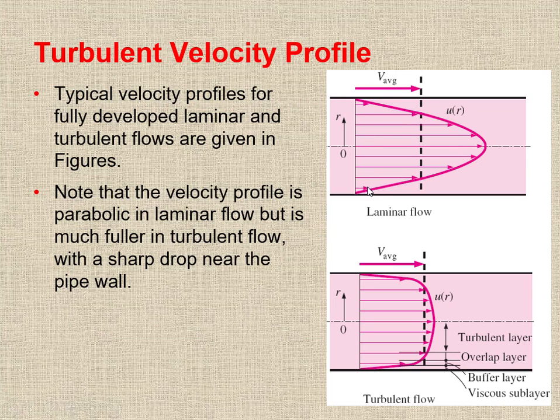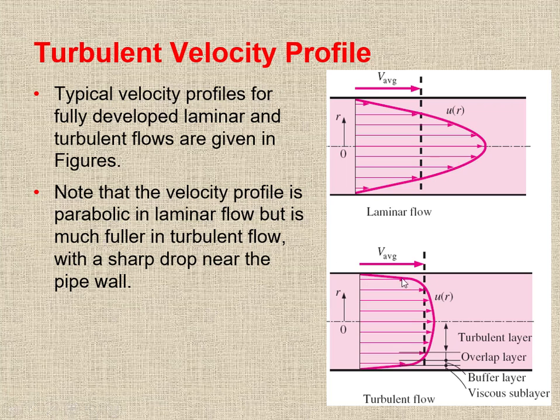This is the laminar flow velocity profile. The typical velocity profiles for fully developed laminar and turbulent flow are given in the figure. This is for the laminar flow and this is for the turbulent flow. Note that the velocity profile is parabolic in laminar flow, and we have derived the equation for that, and much fuller in turbulent flow.